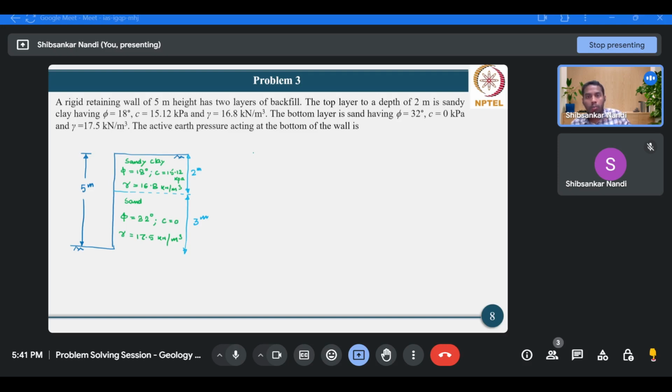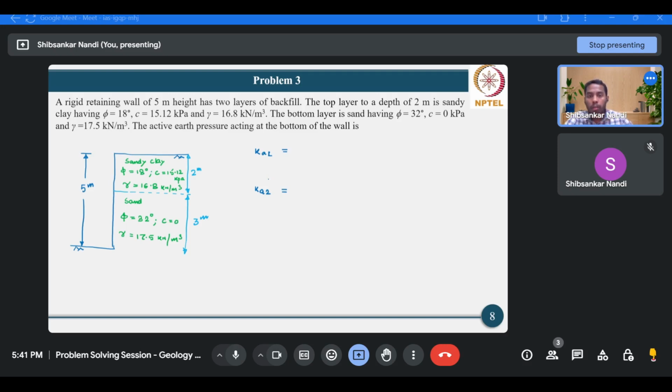If we introduce two notations, K_A1 for the first layer, the top layer, and K_A2 for the second, bottom layer, these will represent the active earth pressure coefficients for the two layers.